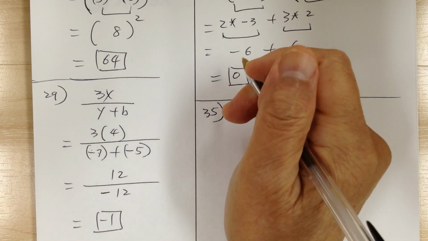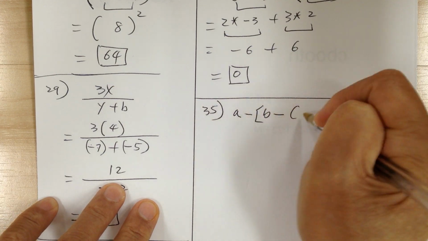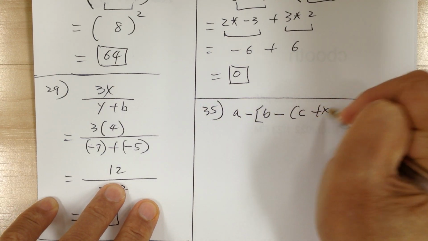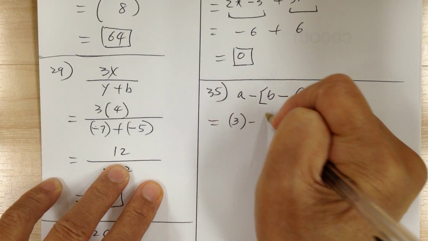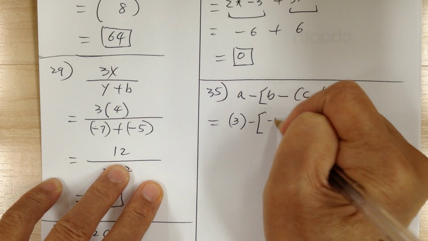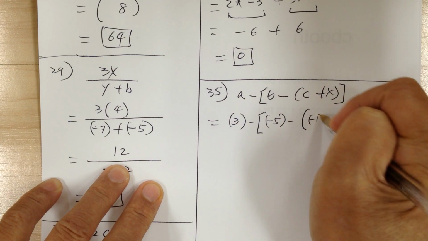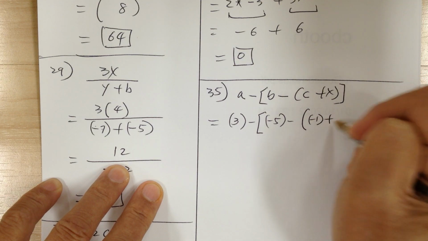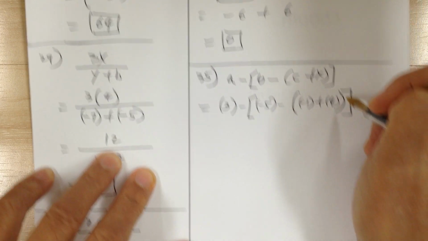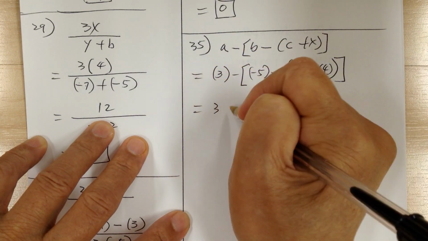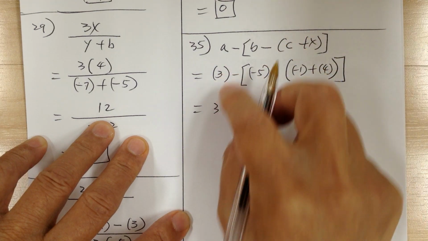Okay, 35. We have a minus b minus c plus x. So a equal to 3, b equal to -5, c equal to -1, x equal to 4. First let's take care of all the parentheses.